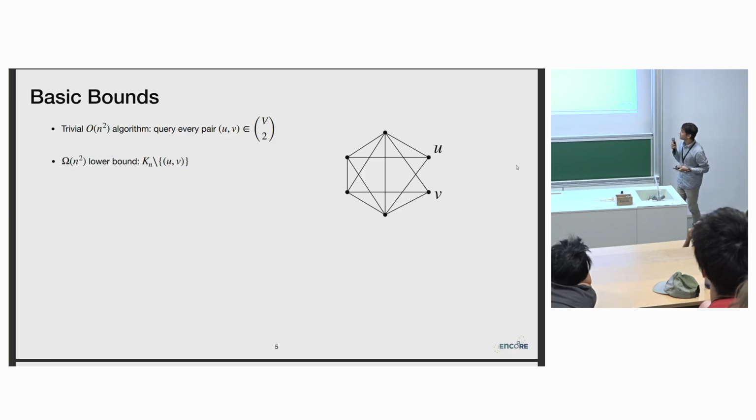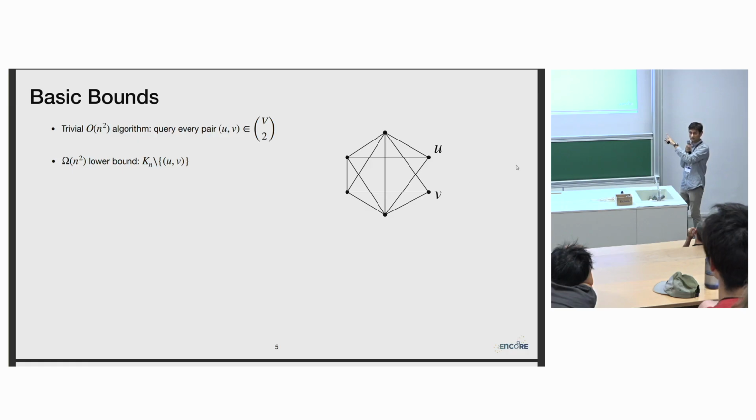You can actually show that this n squared is also a lower bound if the graph is arbitrary. It's a trivial argument. Take a complete graph, where everything is connected to everything else, except for one edge.